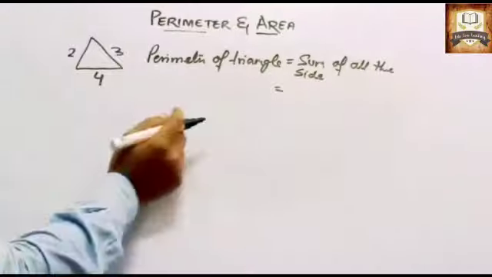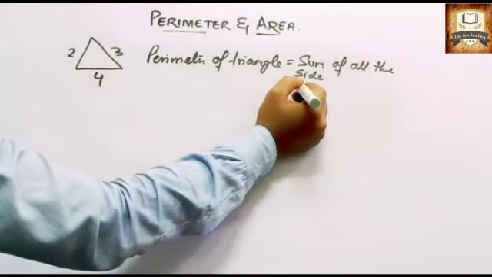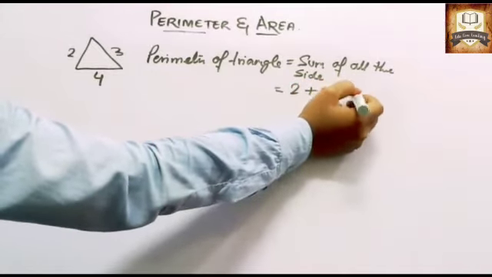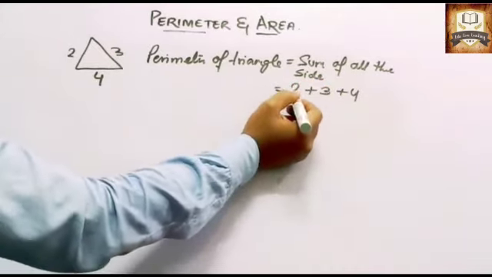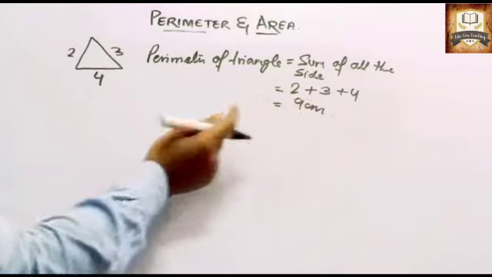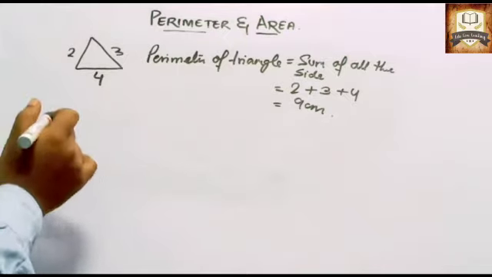So here the sides are 2, 3 and 4. We have to add 2 cm, 3 cm and 4 cm. So 2 plus 3 is 5, plus 4 is 9 cm. So the perimeter of this given figure is 9 cm.